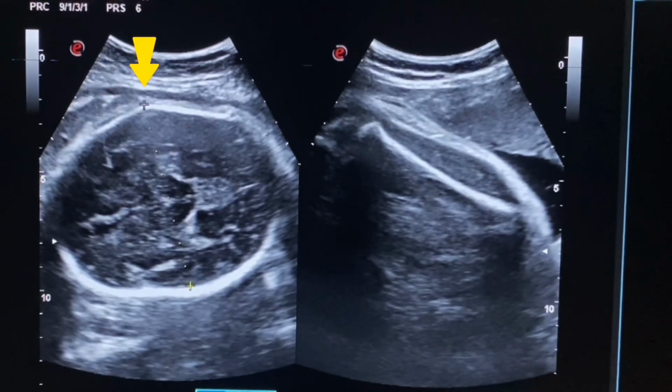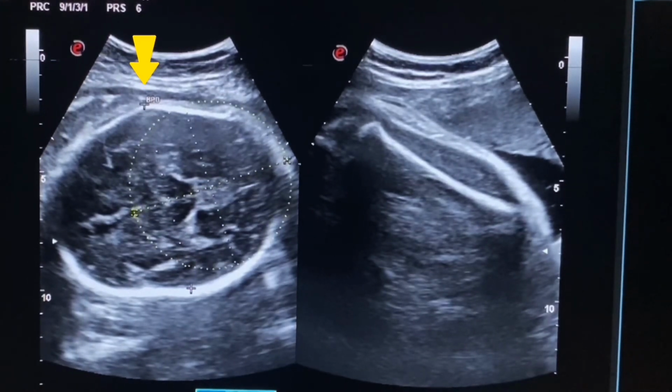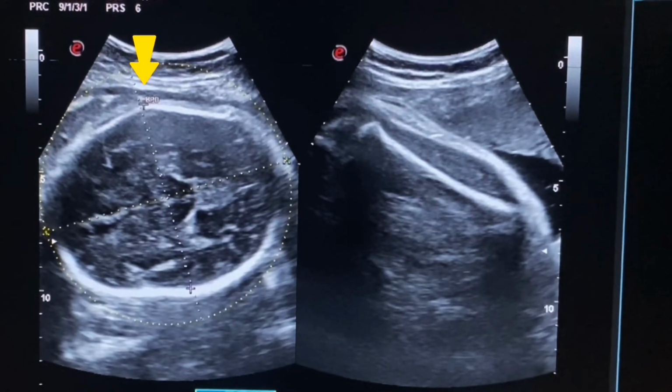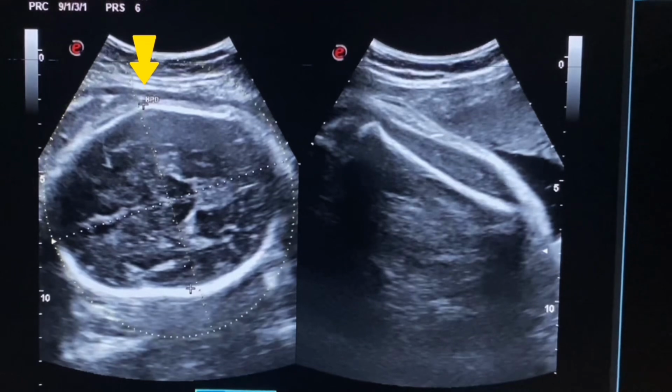The measurement of skull will start from the outer point of first parietal bone and cross the thalami and then the inner part of the second parietal bone. And for head circumference, we will take the size of cranial bone, and for femur, we take the proximal end of the femur bone to the distal end of femur bone.